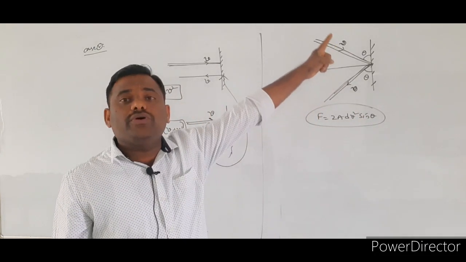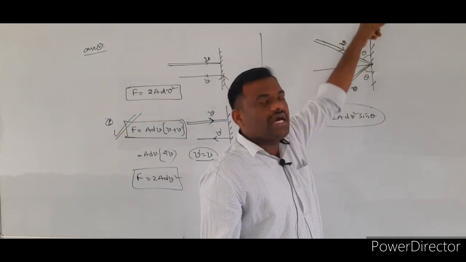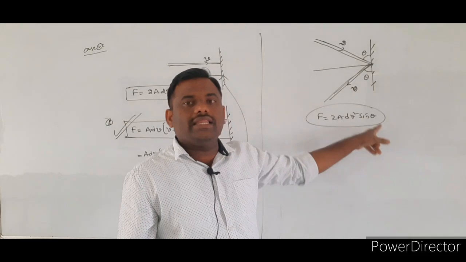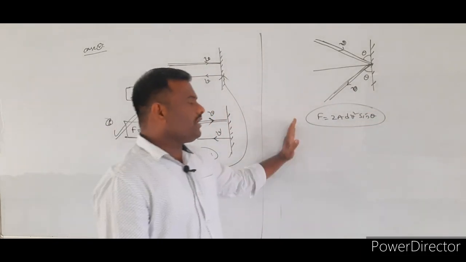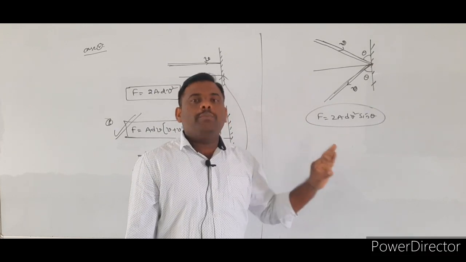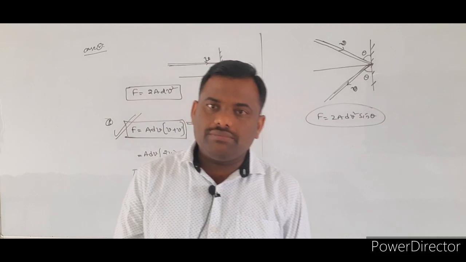The cos components get cancelled. Its cos component acts in this direction, and its cos component acts in the opposite direction. Hence they get cancelled, so you are left with only the sin components. So this is application number 2.